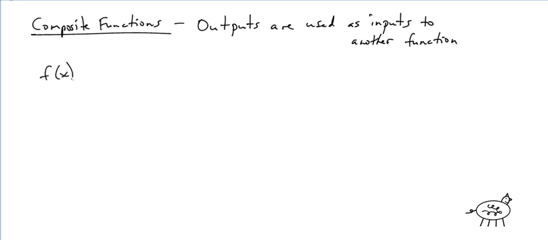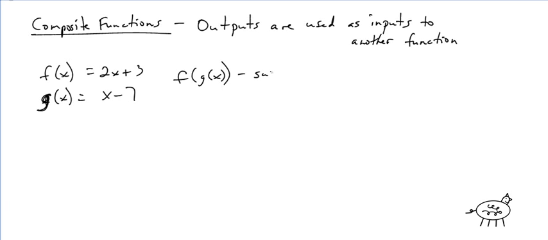So let's just do a quick example here. f of x equals 2x plus 3, and g of x is equal to x minus 7. Okay, so if I want to do f of g of x, basically what I'm doing is substituting g of x into f of x.